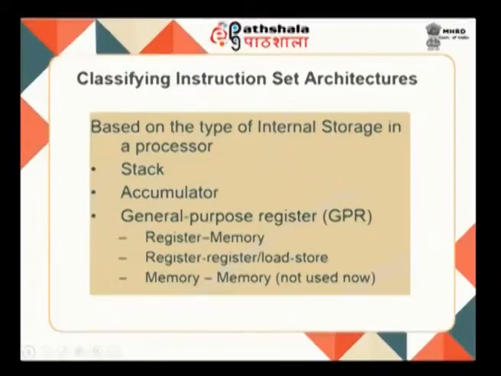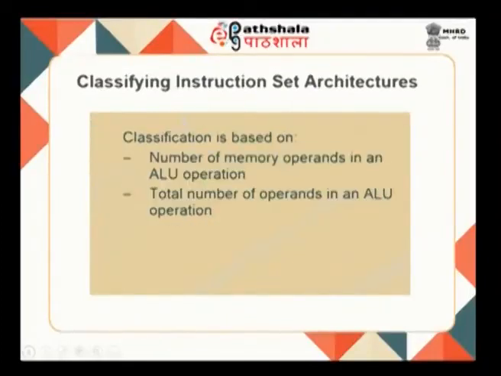All the RISC architectures follow the load store ISA. The classification is based on the number of memory operands in an ALU operation. In memory memory ISA, you can have all operands specified as memory operands. In register register ISA, you cannot specify any of the operands as memory operands. In a register memory ISA, one of the operands can be specified as a memory location.